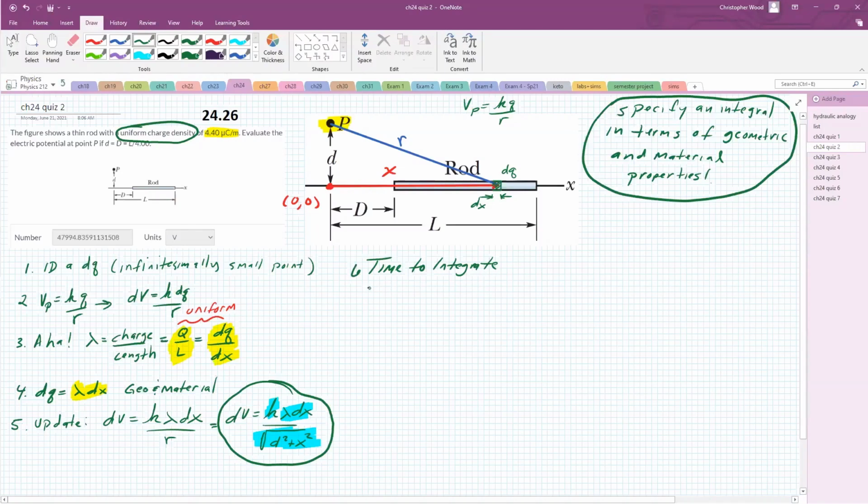But the voltage at point P, which is where Probert is standing, is just going to equal the integral of dV. It's like the integral of dx is x. And now I have the integral from where my limits of integration. I'm going to integrate from L, it looks like I'm going to go all the way to L on my top, and then my lower limit of integration, my boundary conditions, from L to D.